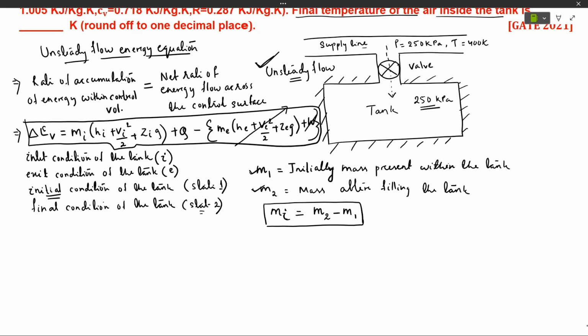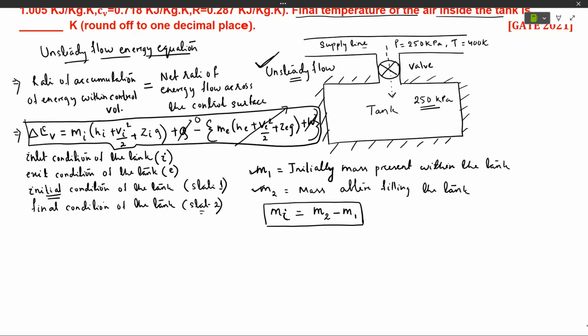And in this question, it is mentioned that the tank is perfectly insulated. It means there is no heat interaction between the system and surrounding. That's why we consider this Q to be 0 here. Another thing we have to consider in the inlet section is that the question mentions mass is entering.